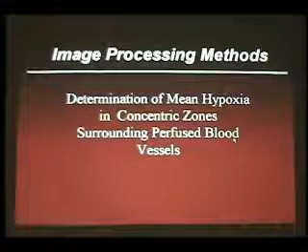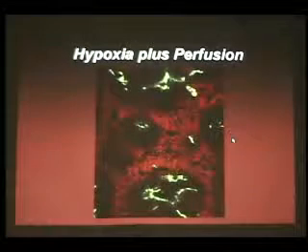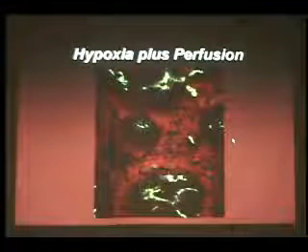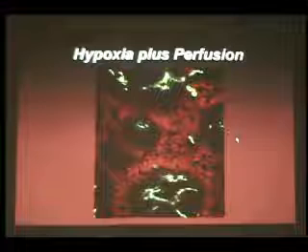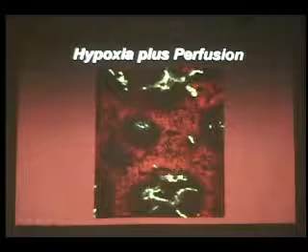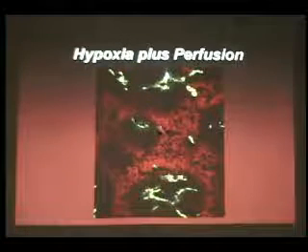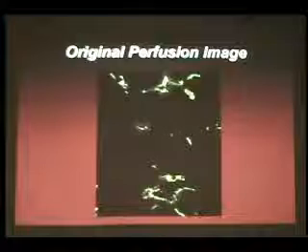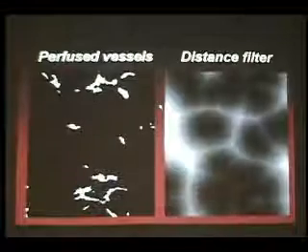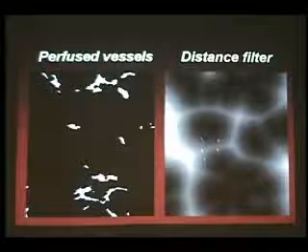The way we do this, and again I'm going to go through the image processing without really dwelling on the details till later, we start with a superimposed image of the blood vessels and the hypoxia. We take the original blood vessels, make a mask of those, and do this distance filter again.